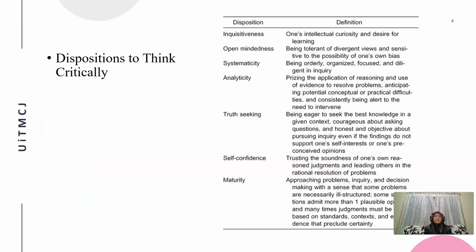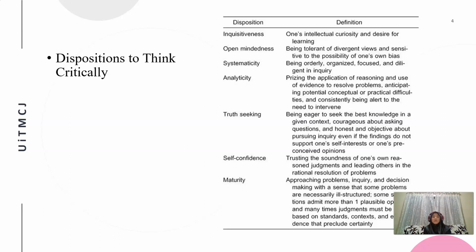So these are the dispositions to think critically. We have inquisitiveness, which is related to curiosity and desire for learning. Then we have open-mindedness, which is that you can accept opinions from others, so you cannot have bias. Then we need to be systematic, because to think critically you need to think about all possibilities.